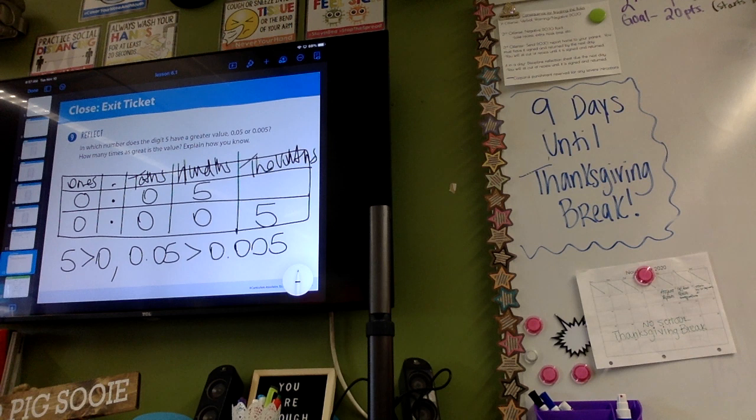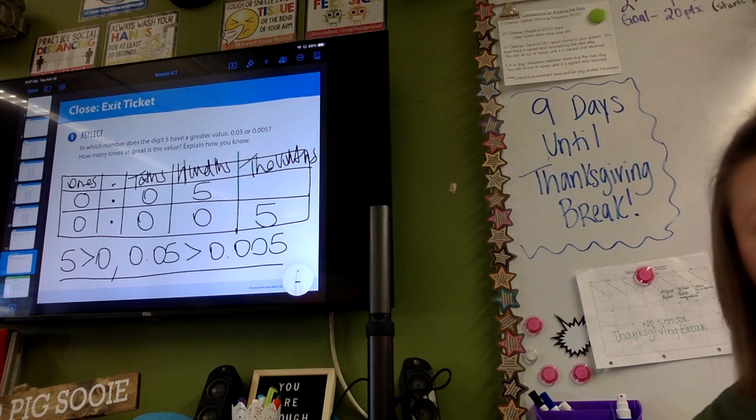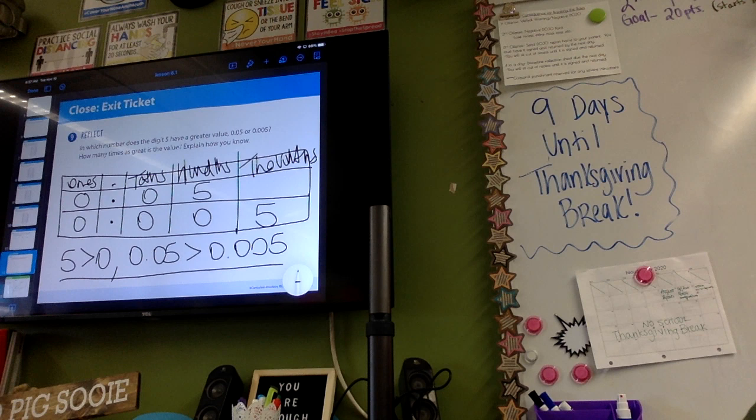That ringing a bell? I hope so. That's your answer. This bottom part right here is your answer to number 9. I know that 5 is bigger than 0. So 5 hundredths is greater than 5 thousandths.